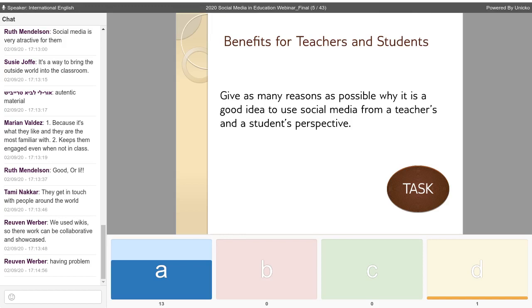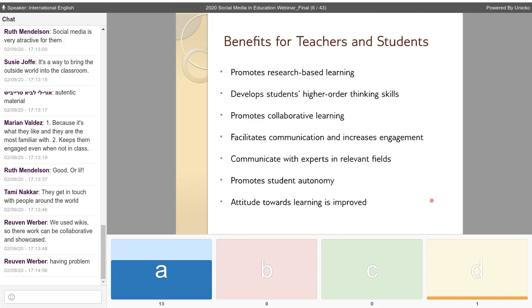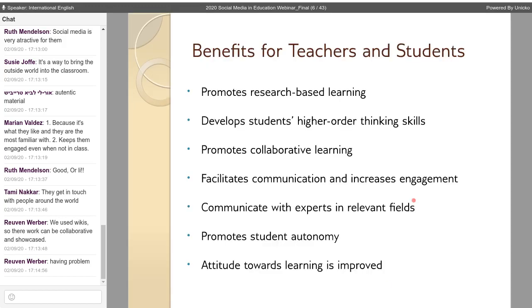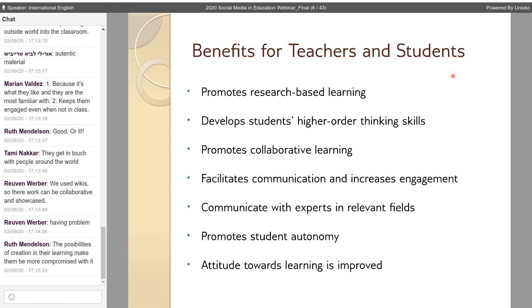All right, so on your screen, ladies and gentlemen, are some of the benefits of social media for teachers and students. Let's go over those benefits one by one. First, social media promotes research-based learning.